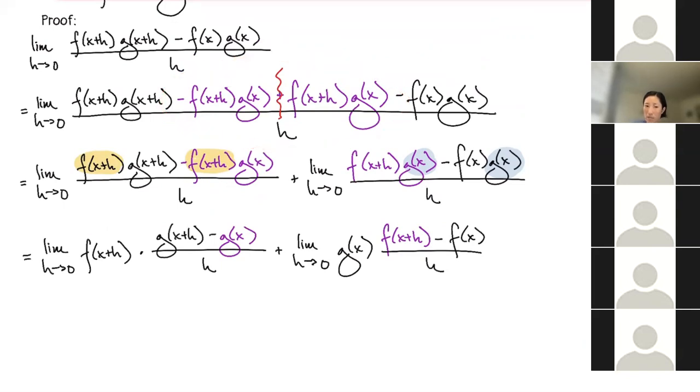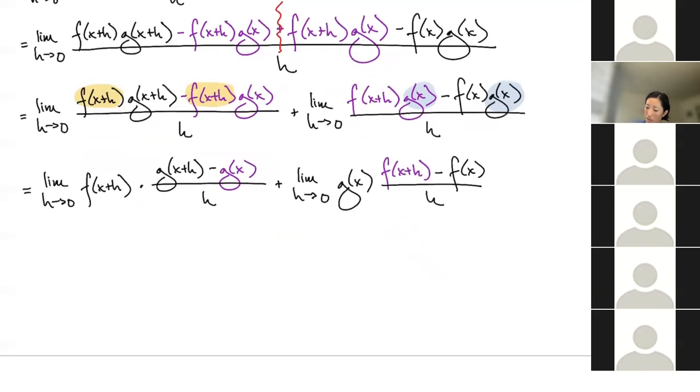But what it allowed me to do, this right here, g of x plus h minus g of x over h, that's just a fancy way of saying g prime. Like that's the definition of the derivative of g of x. This is really g prime of x.